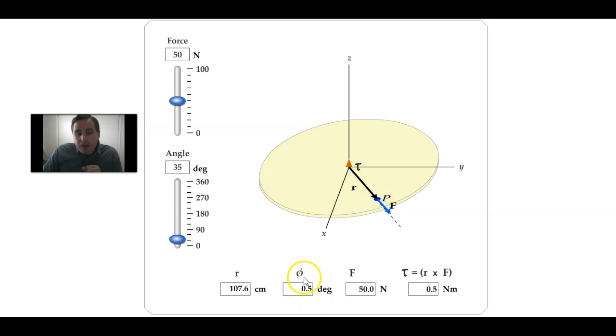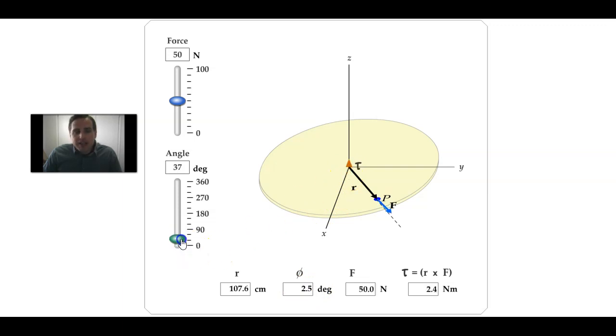Notice if phi is positive and not negative, so if we go a few angles back, notice that now phi is negative. But remember, we usually just take phi to be the smallest angle between the two vectors. Now, by the way, when phi is negative, we're going to get a slightly negative torque, that is, clockwise torque.